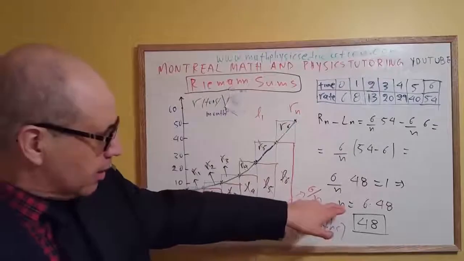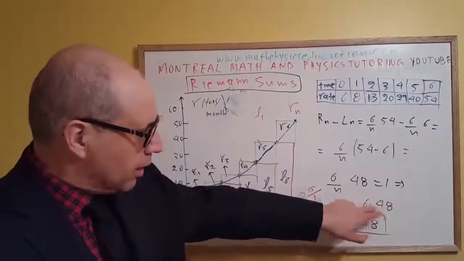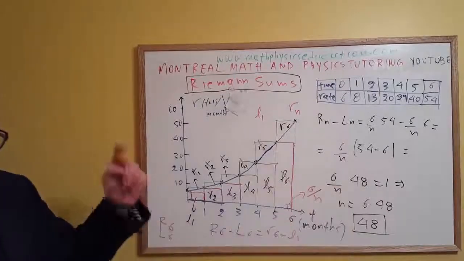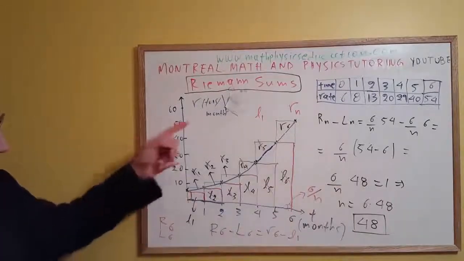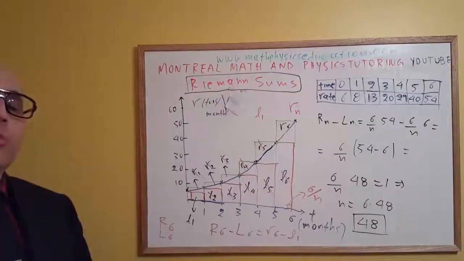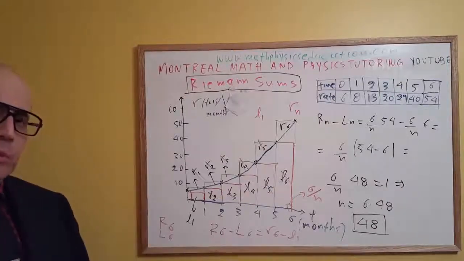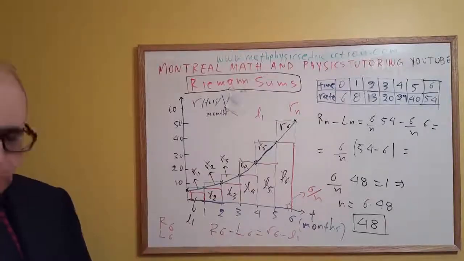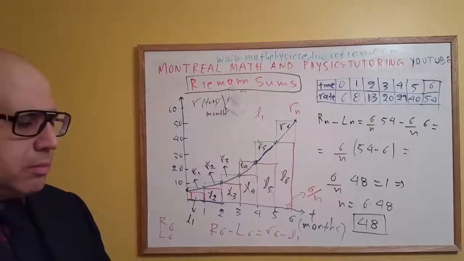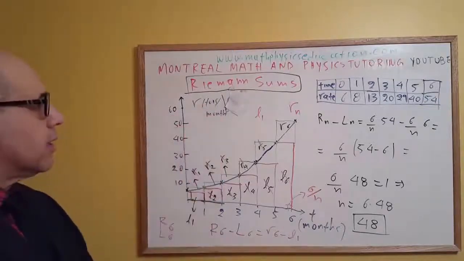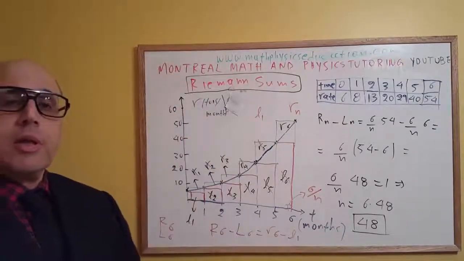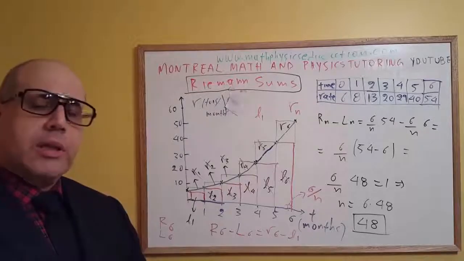Since we find that n is equal to 6 times 48, and we have 6 months, that means we have to take 48 measurements per month in order to have the outcome that we want, which is the difference between the overestimate and the underestimate to be exactly equal to 1 ton. So again, this is a problem which, in my opinion, I find to be an interesting one.